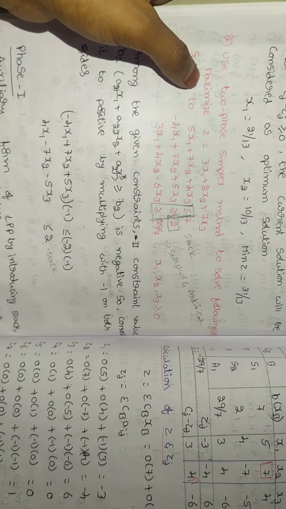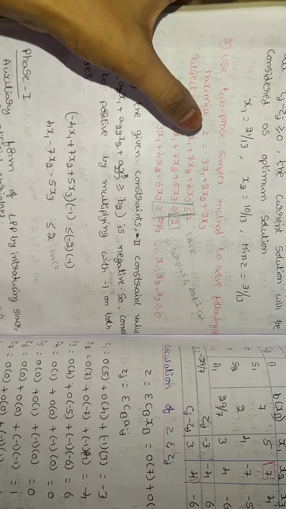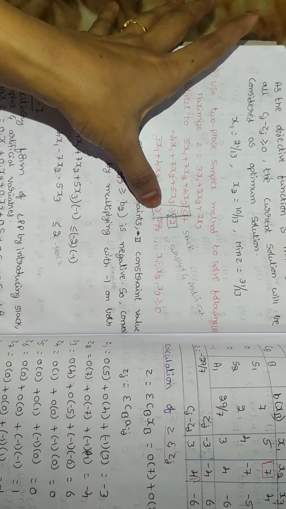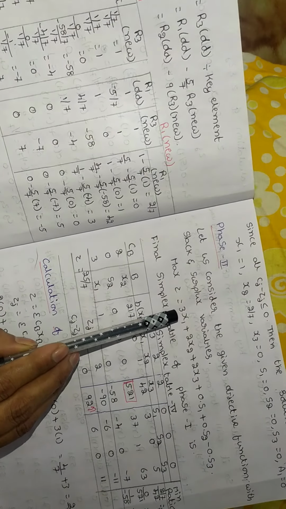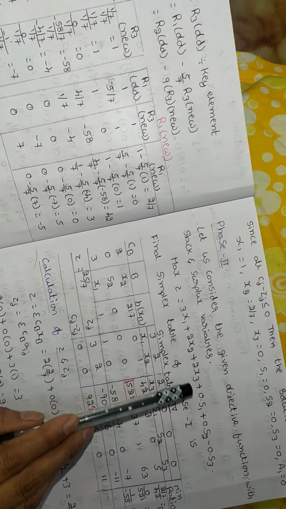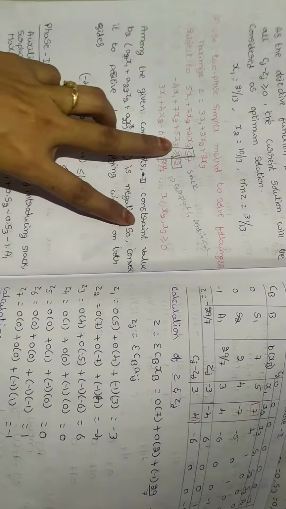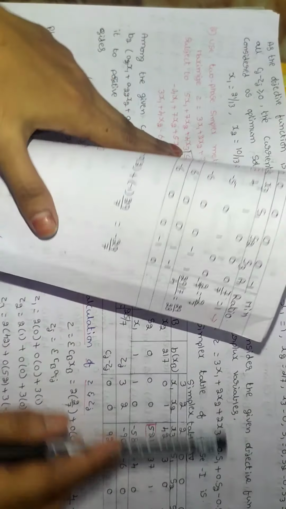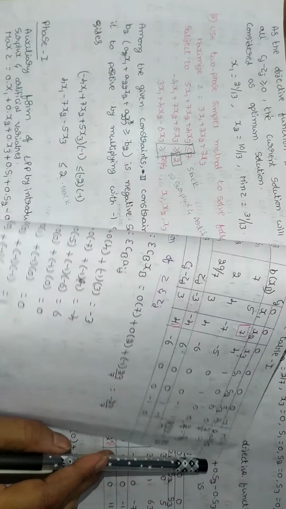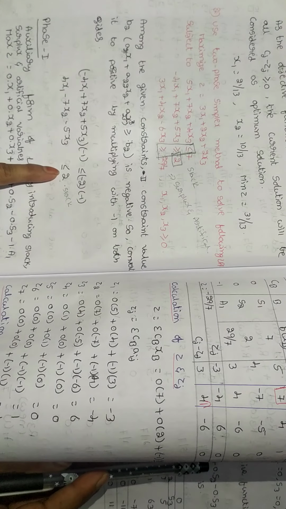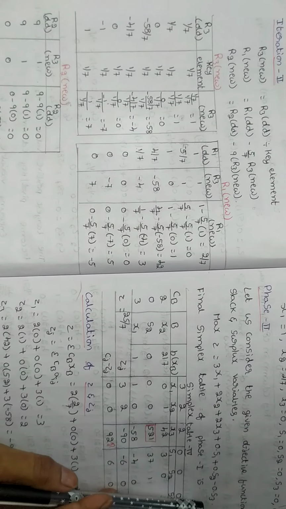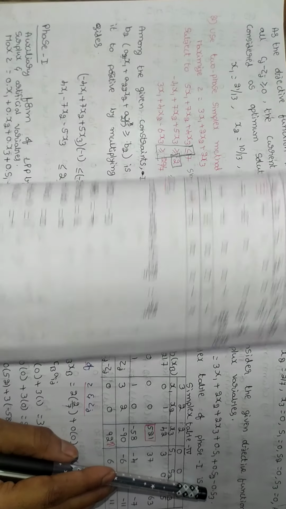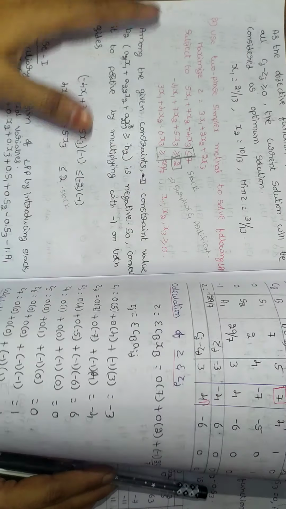Now we will take this as a maximization function. In this, whatever slack and surplus variables are required we will introduce: 3x1 plus 2x2 plus 2x3 plus 0 into x1, so here we have converted the second constraint into less than, plus 0 into x2 minus 0 into x3. Why minus? Because here the constraint is greater than or equal to.